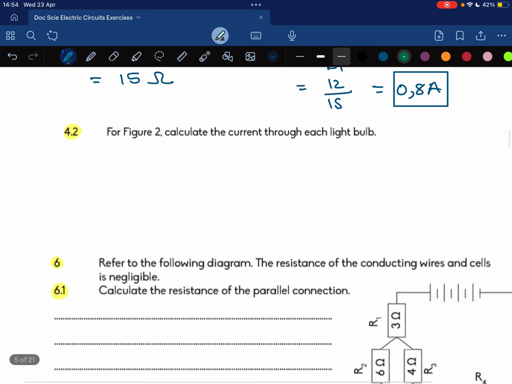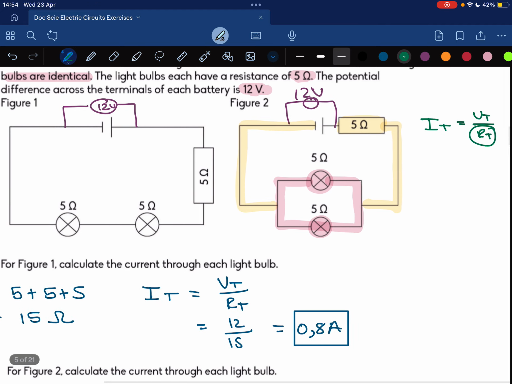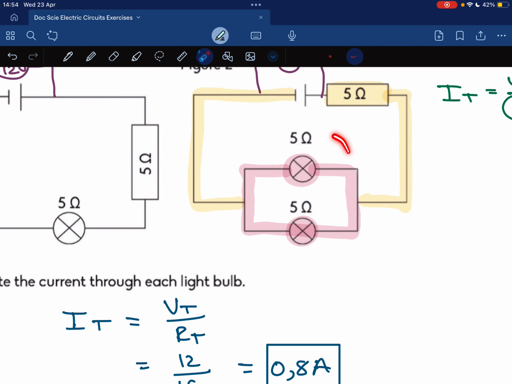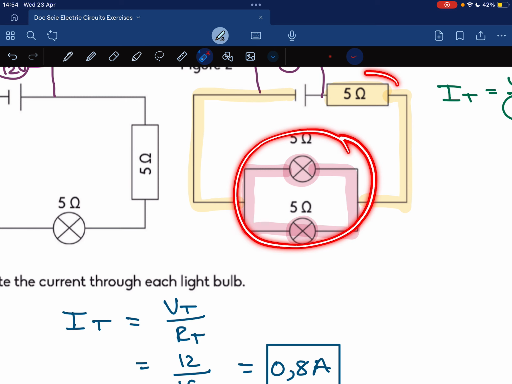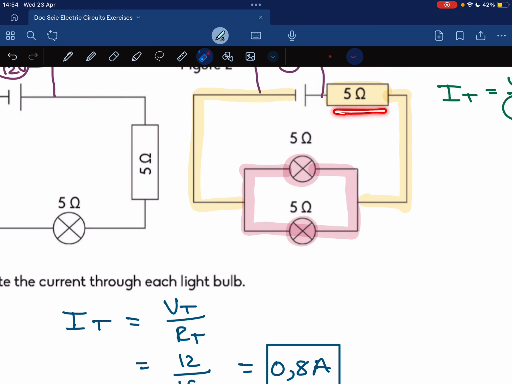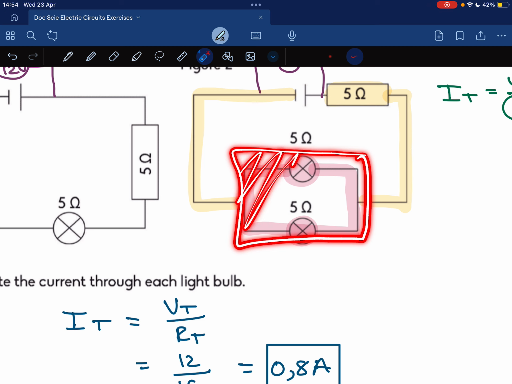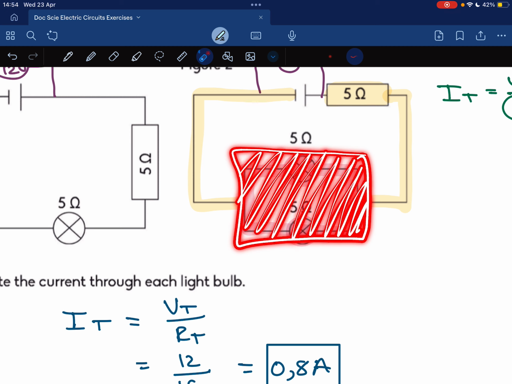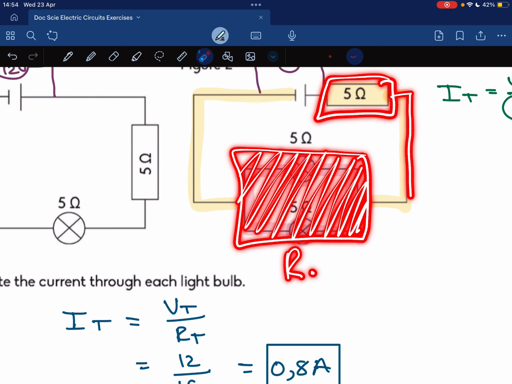But R total is going to be equal to the parallel portion plus the series portion, because this parallel component acts as one resistor. So if I can calculate the R here, then I can just add it to the R here, because you can see that these two are in series with one another.